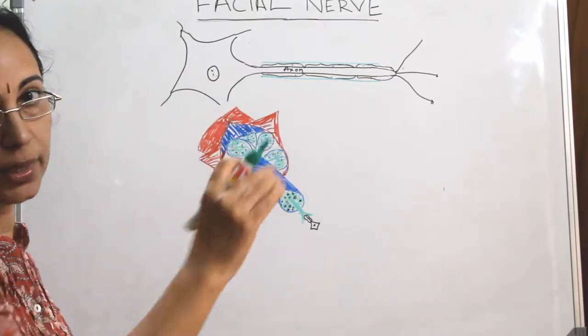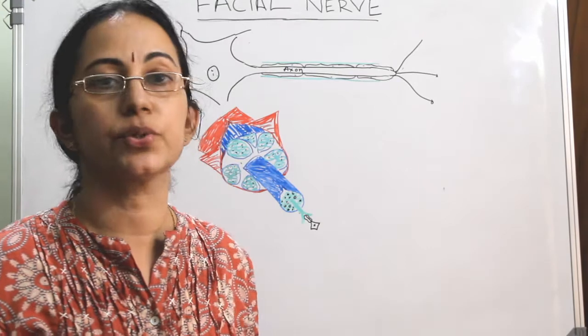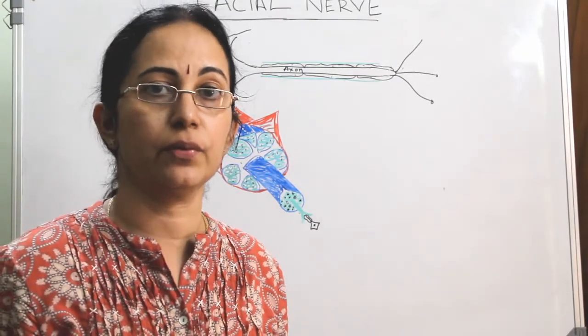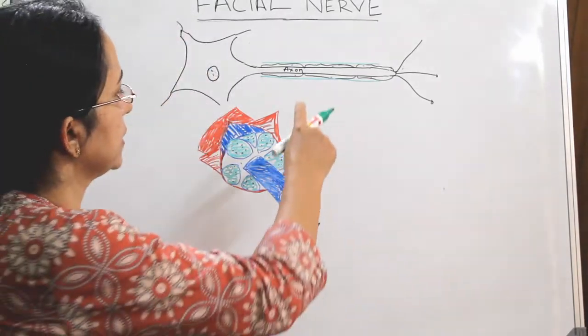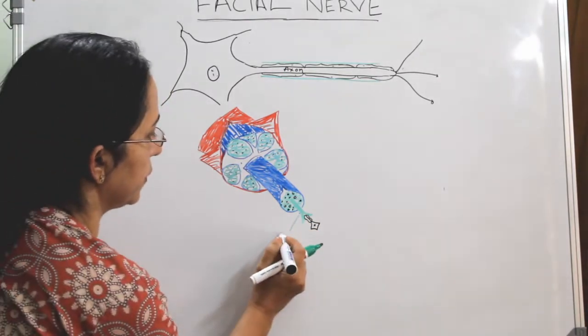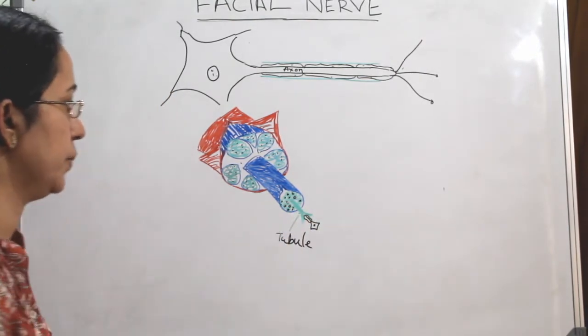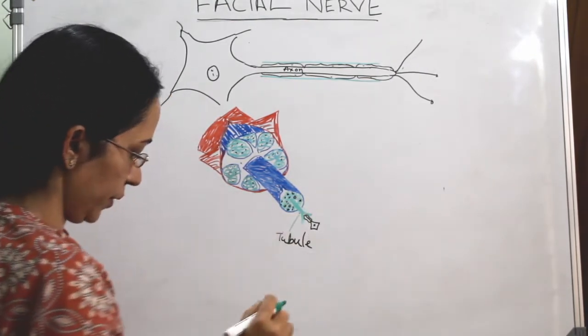So one axon with its myelin sheath surrounded by a protective connective tissue covering of endoneurium is called a nerve tubule, right? It is a tubule.